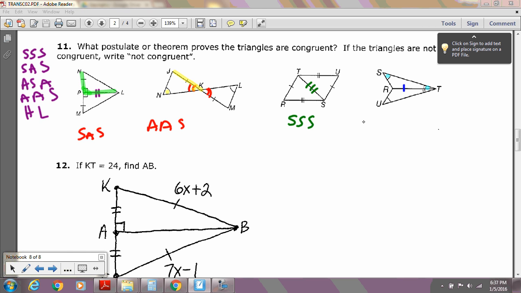In order to be angle, angle, side, the setup needs to look like the second one. You can't have the included side so far away from another angle. I'm sorry. It is angle, angle, side. Yes, it is angle, angle, side. Starting at S, angle, then T, angle, and then side. I'm sorry. Yes, it's angle, angle, side.